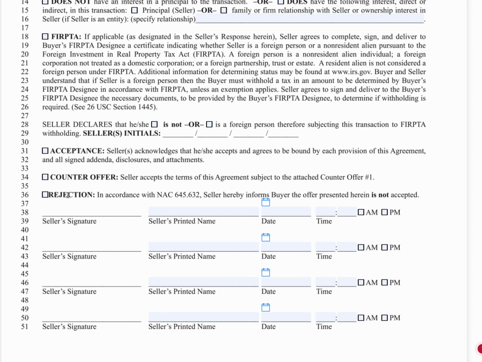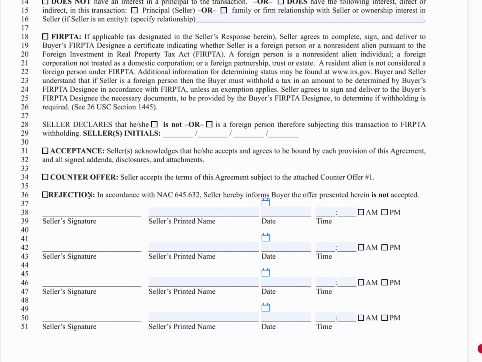If they don't like your offer and they don't really want to deal with us, they're going to reject it. Sometimes the rejection doesn't mean that they don't want to deal with us, but that they have already accepted an offer. So we sometimes do the common courtesy of saying we rejected your offer.